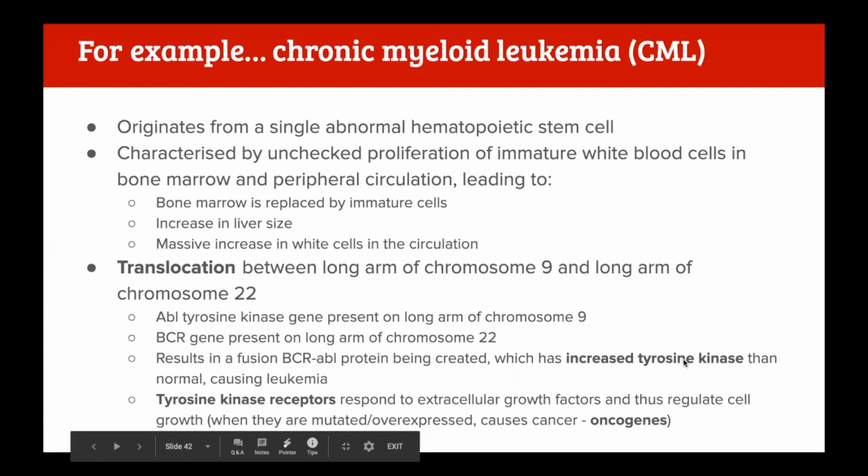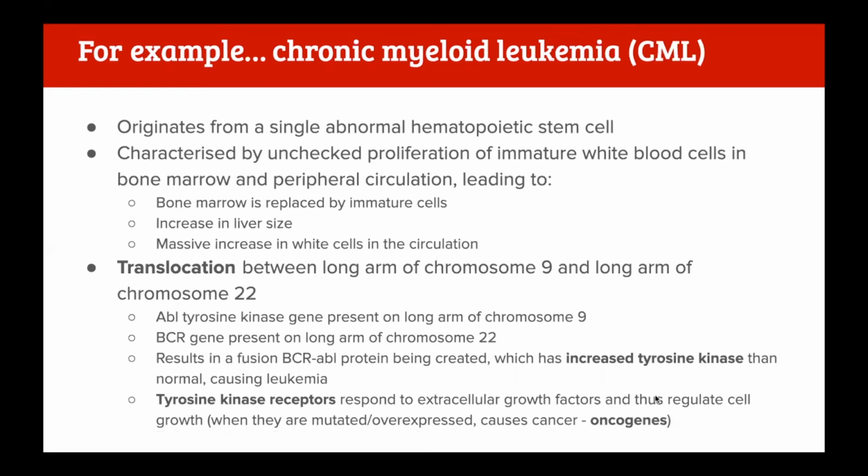Tyrosine kinase receptors are just the receptors that respond to extracellular growth factors, and therefore they regulate cell growth. So when tyrosine kinase receptors are mutated or overexpressed, this is what causes cancers. This is an example of oncogenes, because you have overexpression leading to cancer.